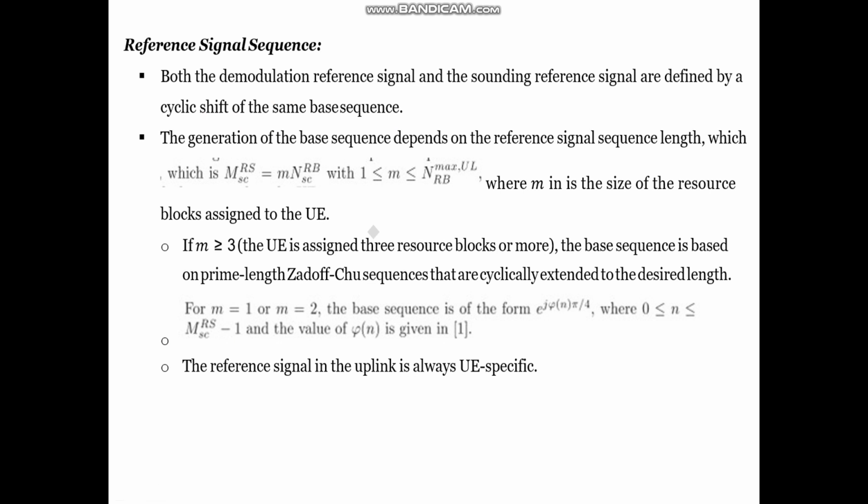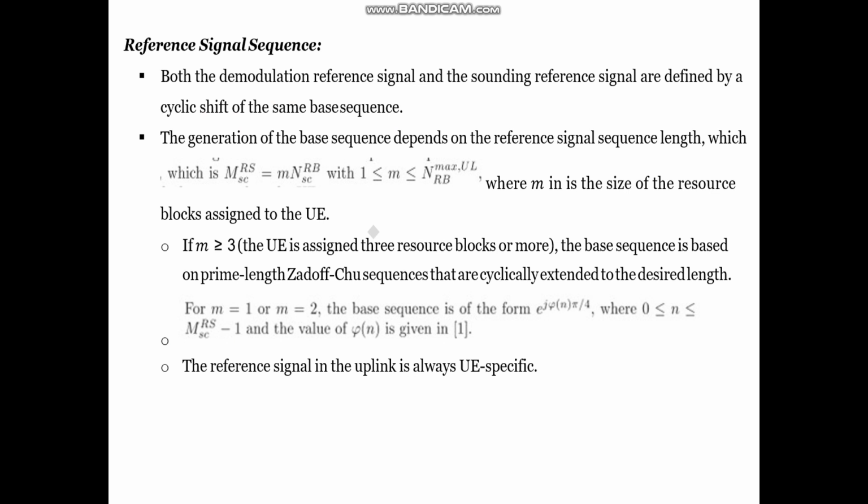Next we have the reference signal sequence. Both the demodulation reference signal and the sounding reference signal are defined by a cyclic shift of the same base sequence. So using the same base sequence, we can cyclically shift the sequence and use it as demodulation reference signal and sounding reference signal.